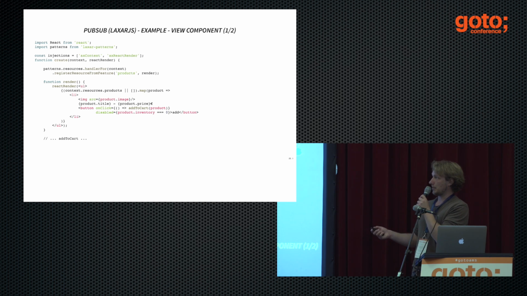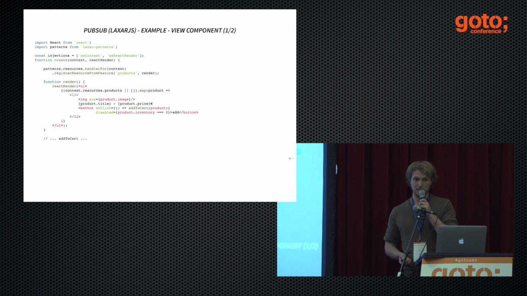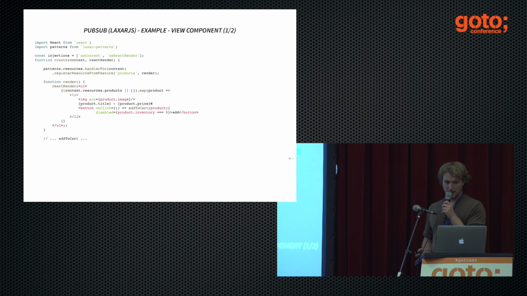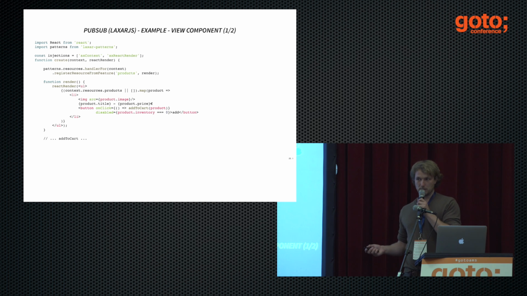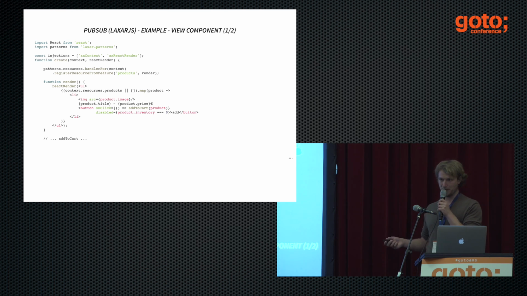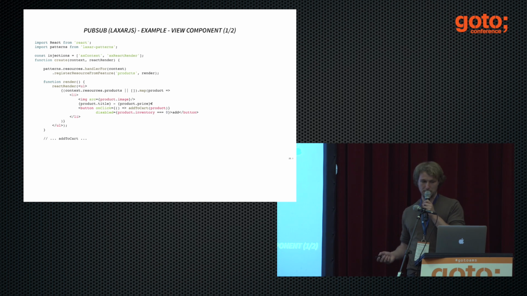For this, we have a little helper library. In-house, of course, we developed a library called LaxarJS Patterns to work with this kind of project. And it talks to the event bus for you. And it says, okay, whenever the products resource changes, or the resource configured for the topic that is associated with products, then we need to re-render this view component.